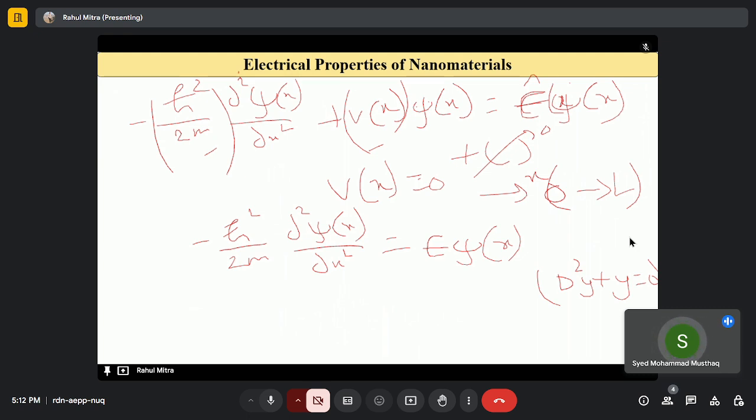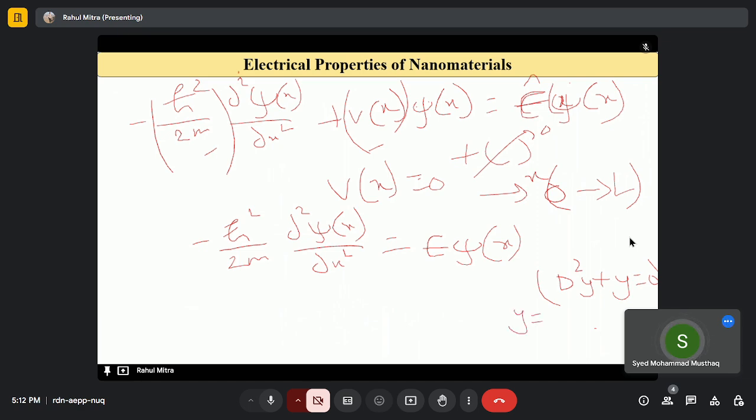And we know the roots: a1 sin ax plus a2 sin bx, or cos bx. Let me write it here.